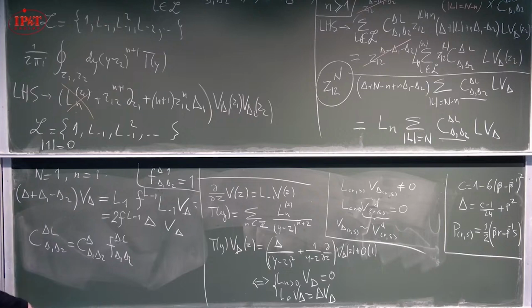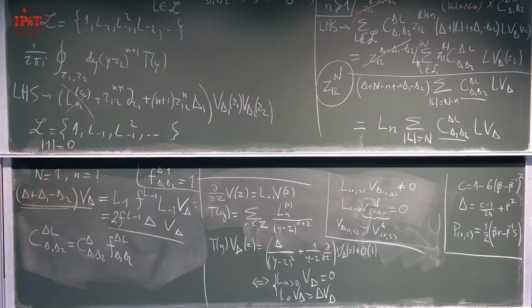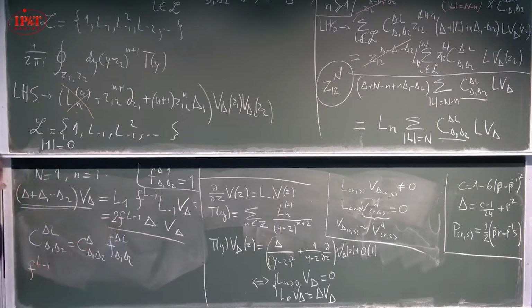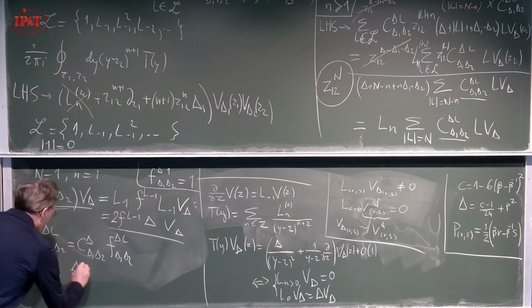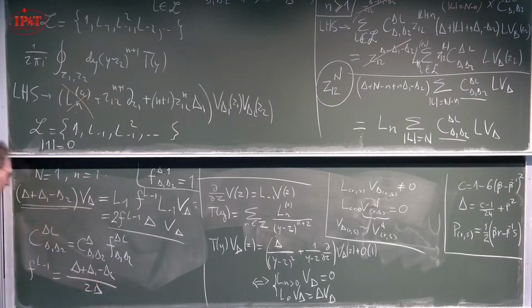Okay, so now let's solve this equation. This is a rather simple equation, which gives me F L minus 1. So the coefficient of the first non-trivial term in the OPE is now delta plus delta 1 minus delta 2 over 2 delta. It has a pole at delta equals 0, and that's not a coincidence.